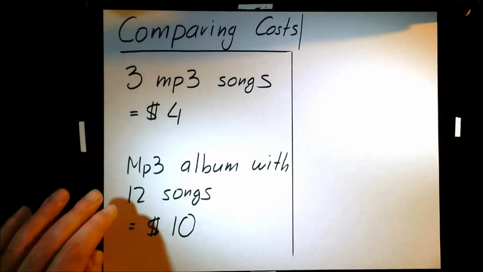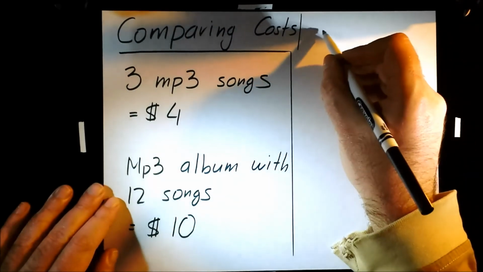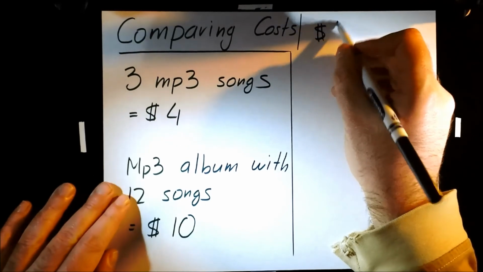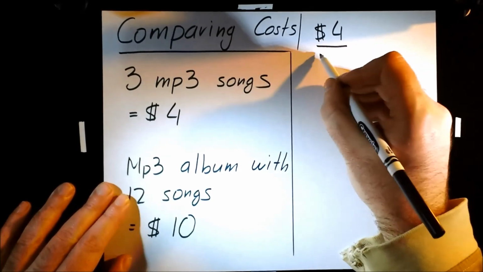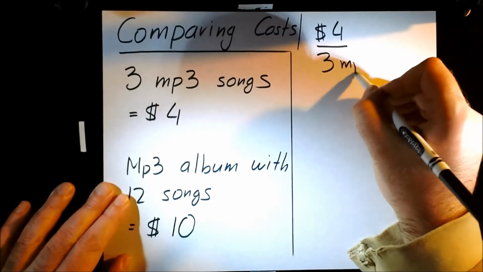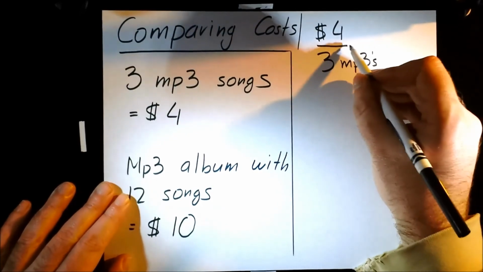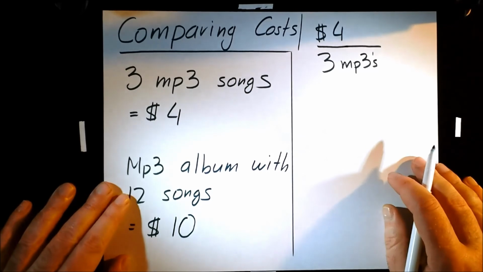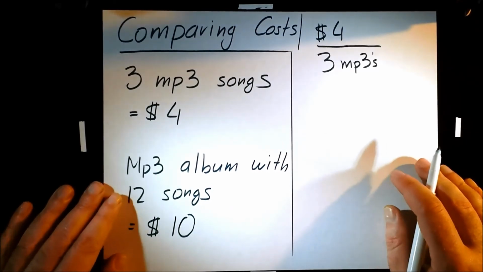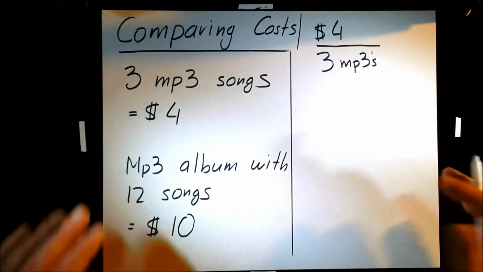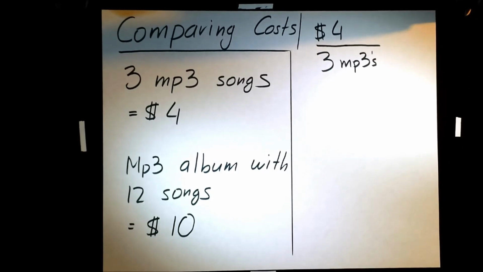I'm going to set up the first one. $4 for 3 MP3s. Now this is not going to be an easy conversion because 3 doesn't go into 4 evenly. I'll actually have to use long division. Yes, I know, we don't like to use long division.